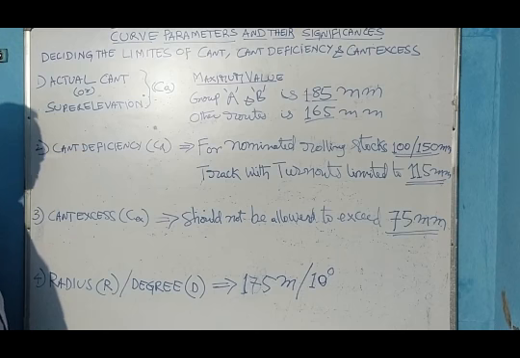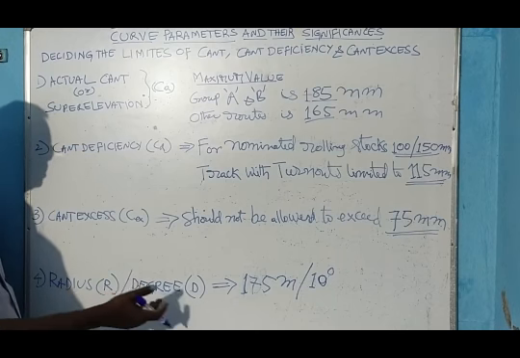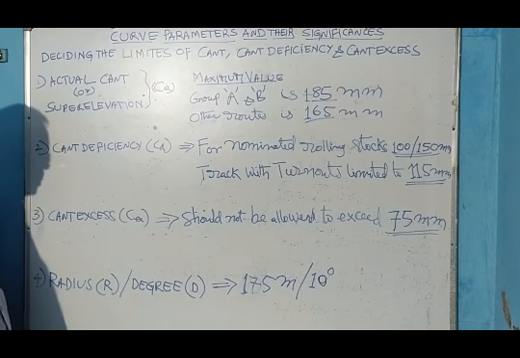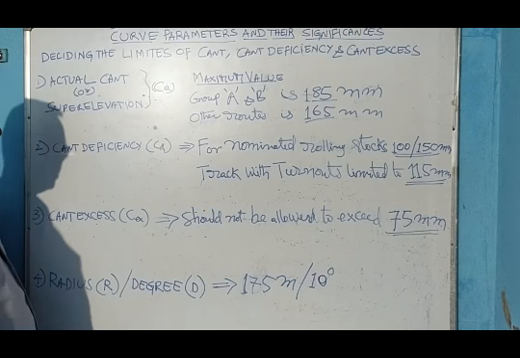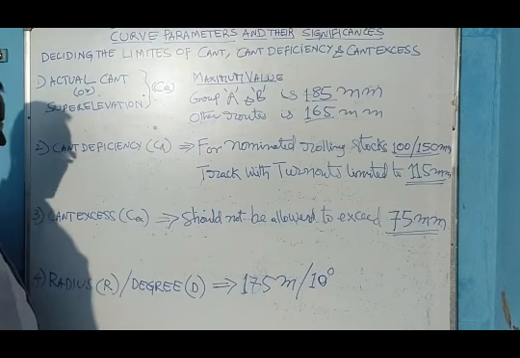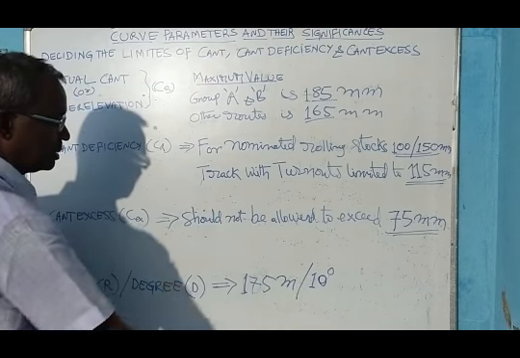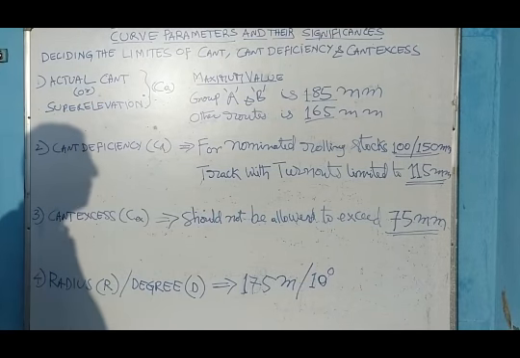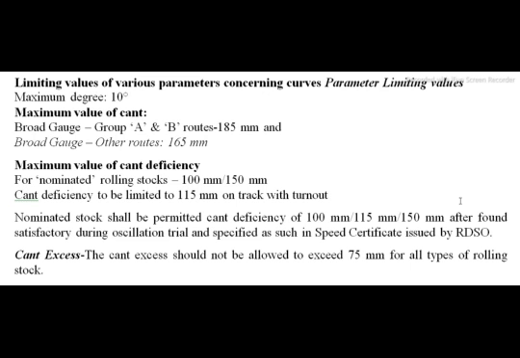Next, minimum radius and maximum degree of the curve. Minimum radius is 175 meters and maximum degree is 10 degrees. So these are the curve parameters and their significances.